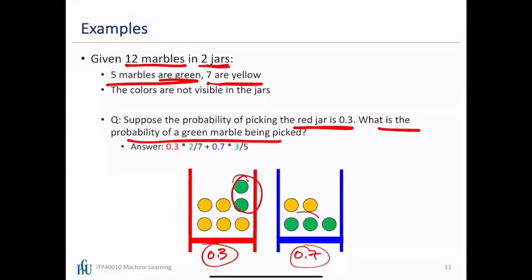From each jar, you can easily come up with that probability: 2 out of 7 and 3 out of 5. And you want to associate the individual probability of getting each jar. So 0.3 multiplied by 2 out of 7, plus 0.7 multiplied by 3 out of 5. It will give you the probability.